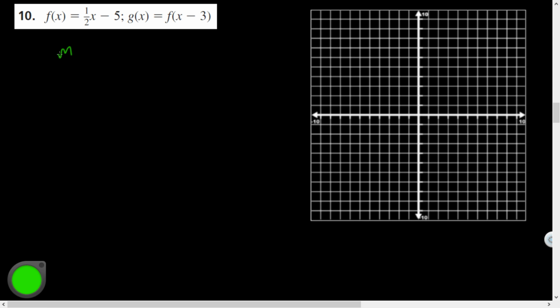So let's see. What's the slope of my original line? Yeah, 1/2. So that's going to mean up 1 over 2, up 1 over 2. What's the y-intercept? More specifically, the -5. All right, so that minus sign is included in that. So to graph it, I would go down 5 right here.